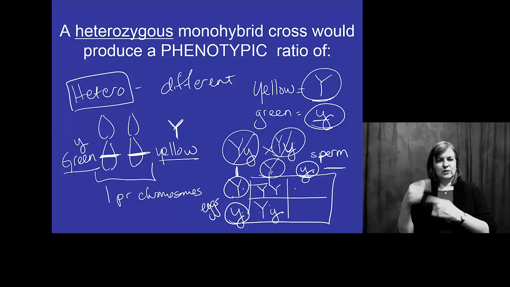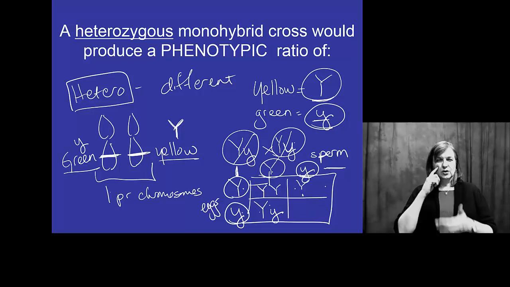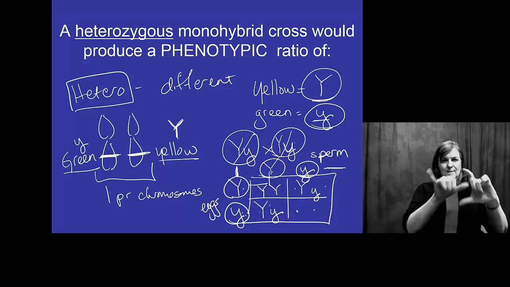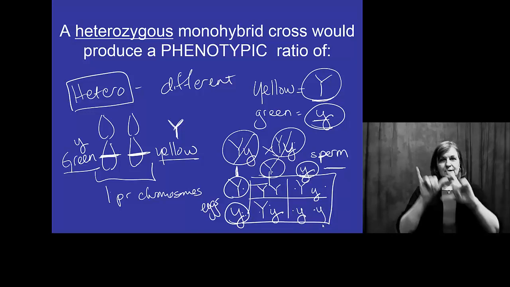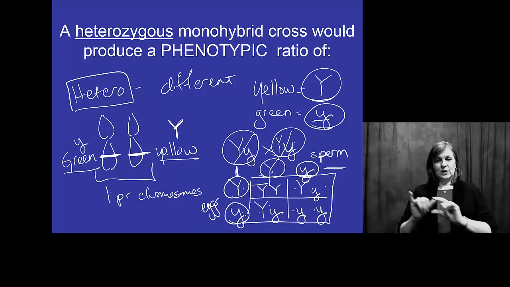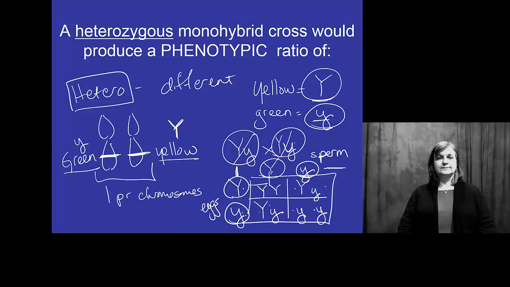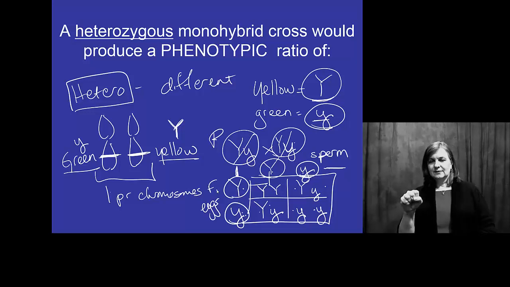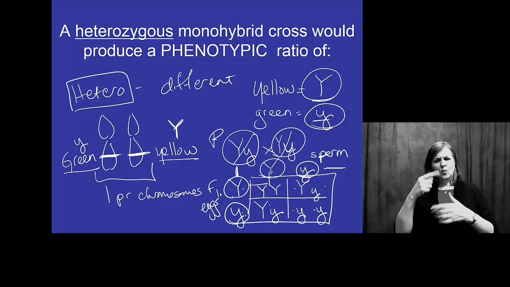This goes here, this goes here. Big Y, little y. This goes here, this goes here. Little y, little y. So what we've just done is created the next generation. We've taken the P generation and we've crossed it to produce the F1 generation, or the kids.